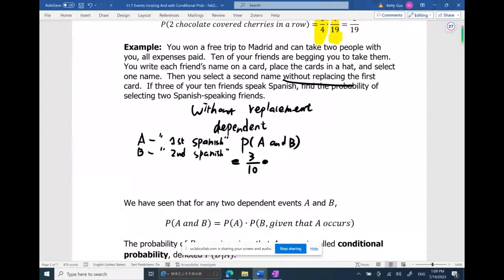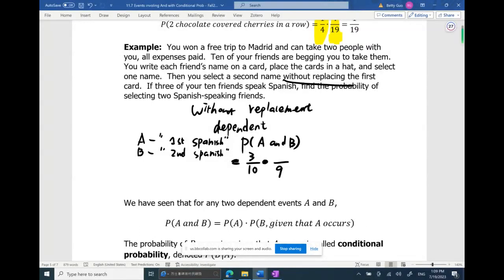And then multiply, yeah, the second step. The second time you also get a Spanish-speaking friend. But when you are picking the cards in the hat, you do not have 10 cards anymore. You only have 9 cards left.